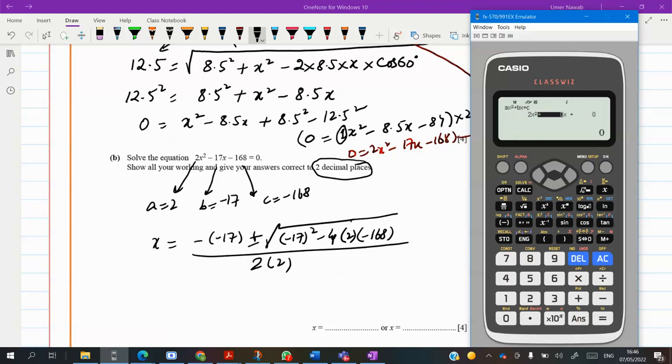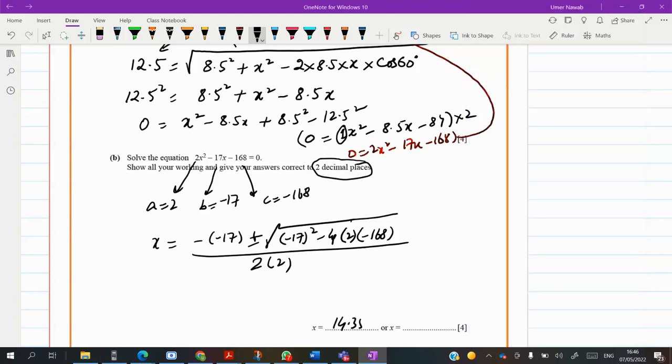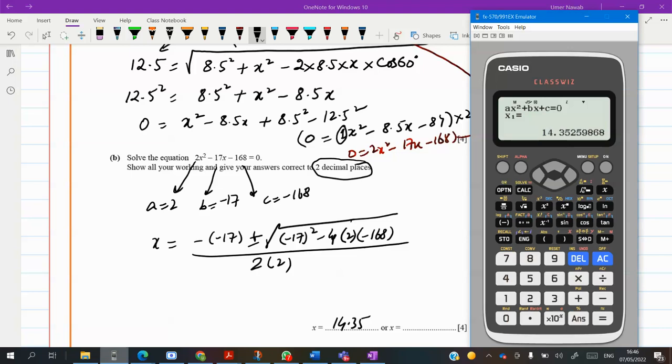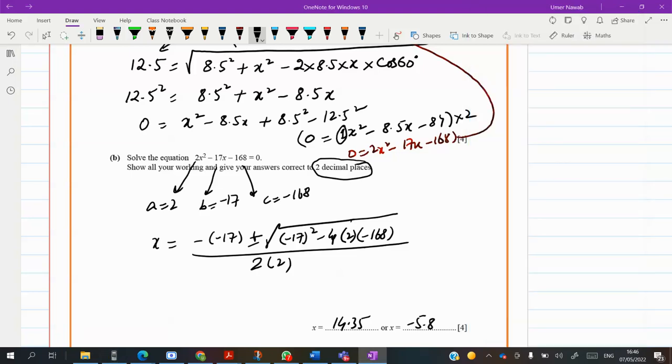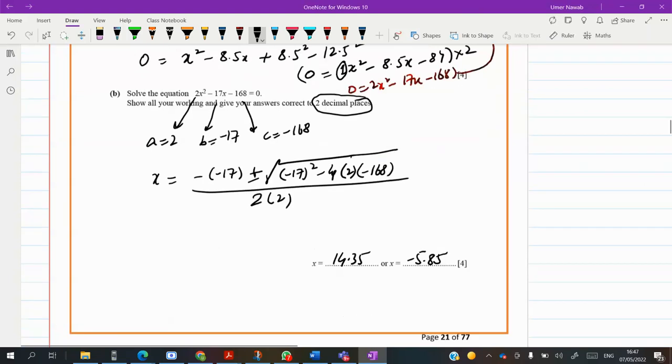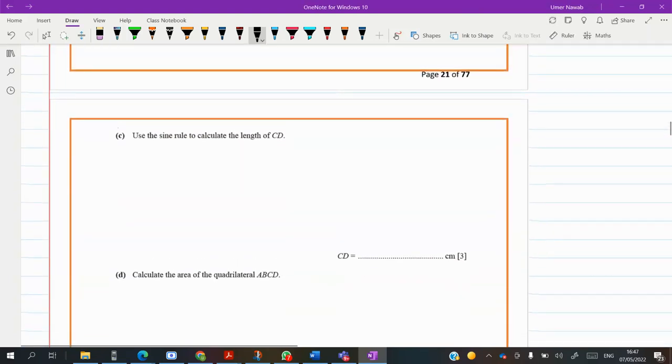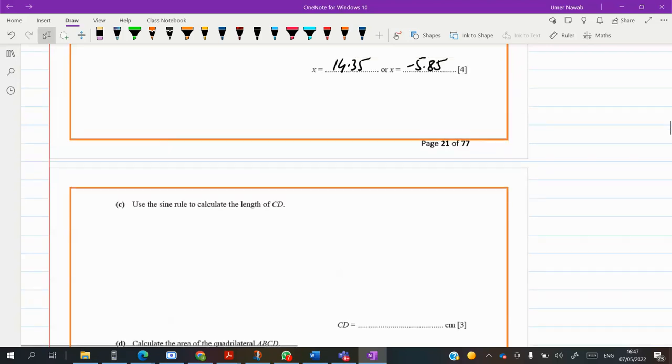Enter 2, enter negative 17, enter negative 168. We got the first answer 14.35. Second answer minus 5.85. Since we need to write the answer to two decimal places, so we got the answer.